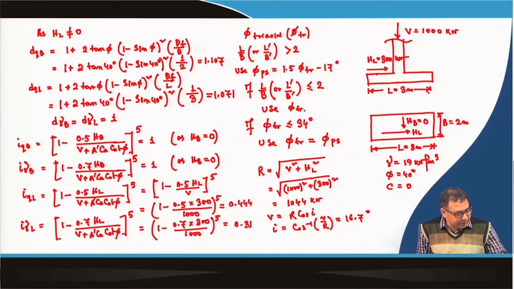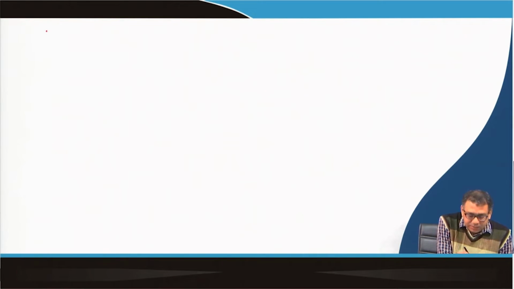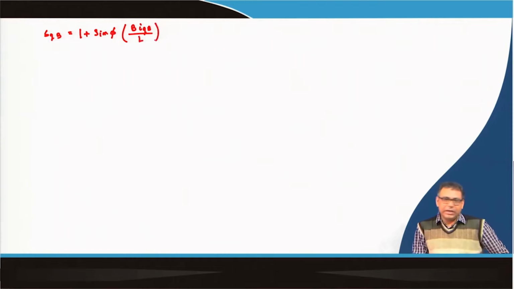So, I have calculated these factors. Now I will go to the modification in the shape factor. So now I will calculate the sQB. This is 1 plus sin phi, and we have done the modification, that is B iQB divided by L. If loading is not inclined, then iQ will be 1, so that will go back to our original table equation that I have given.